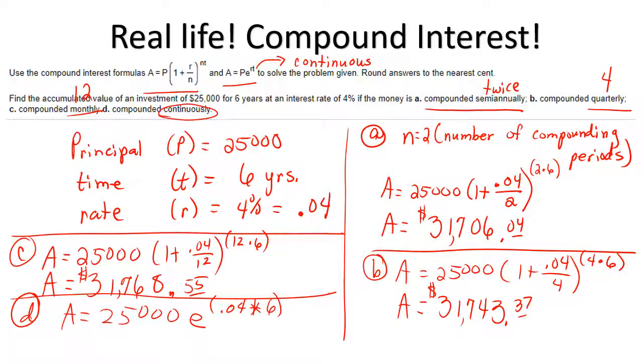Notice there are no compounding periods because continuously means, in theory, your money is constantly being compounded. Now, type this into your calculator and see what you get.